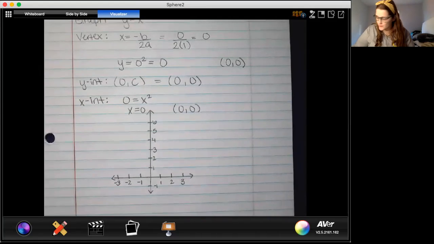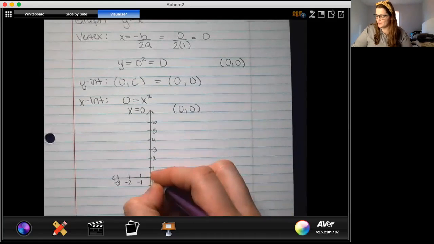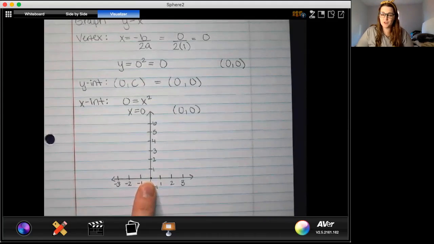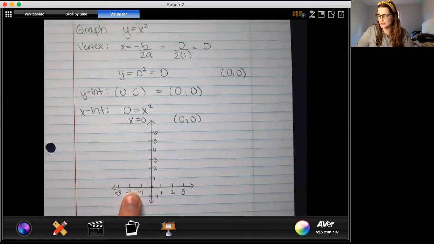Okay, now if the vertex is 0, 0, the y-intercept is 0, 0, and the x-intercept is 0, 0, we really don't have much else to go about. So therefore, we're going to have to think about those other points and symmetrical points. Okay, now gonna be a little easier. It's not really much work that's gonna be shown.